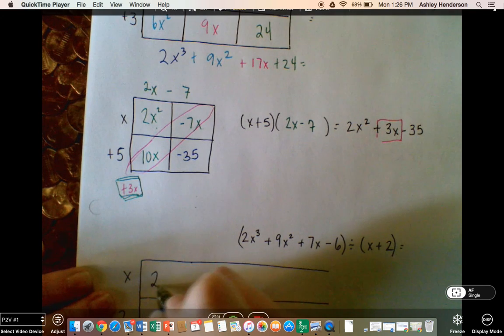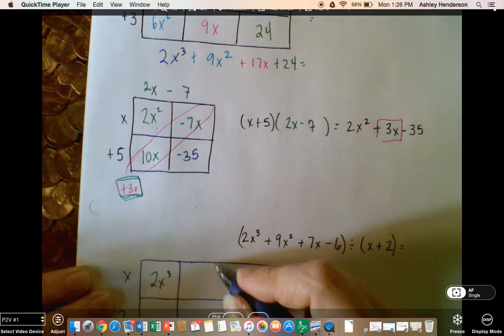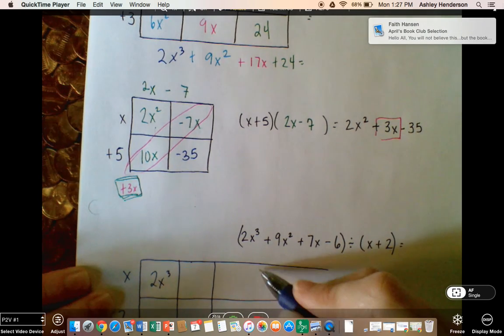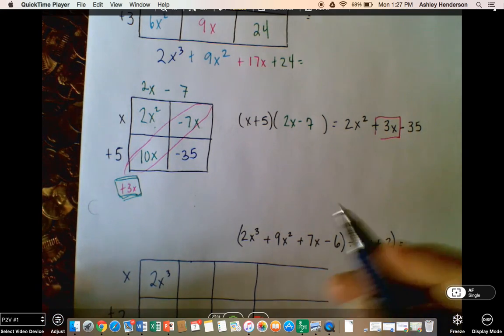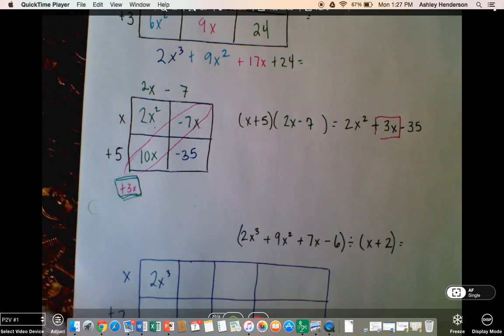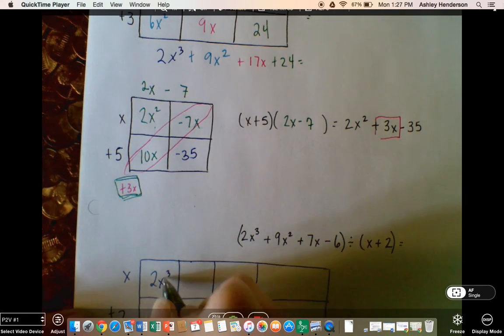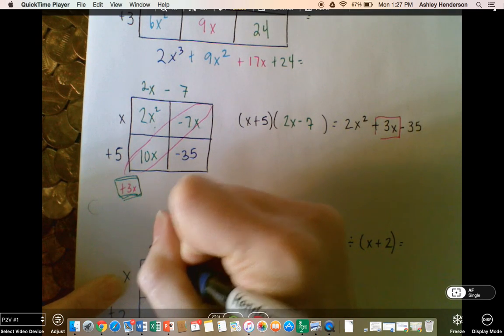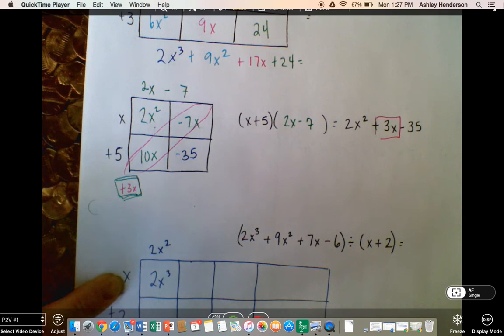So 2x cubed, and then we're going to have x squared, and then x, and we should have our linear down here. Maybe it gets a little big; we might have an extra box here. So 2x cubed was from 2x squared. Okay, so that's this component.